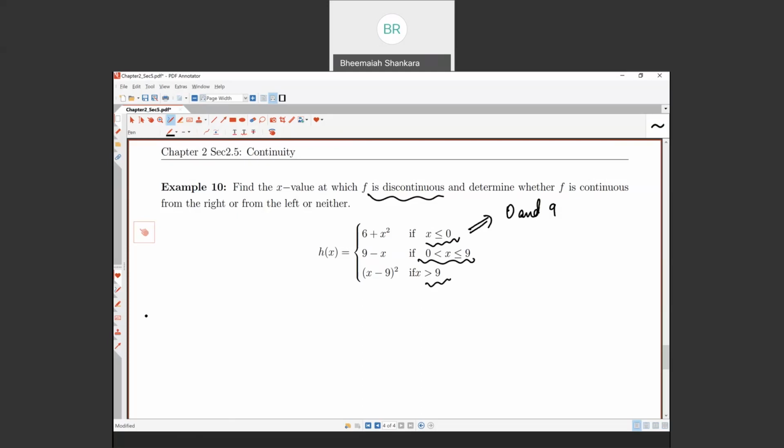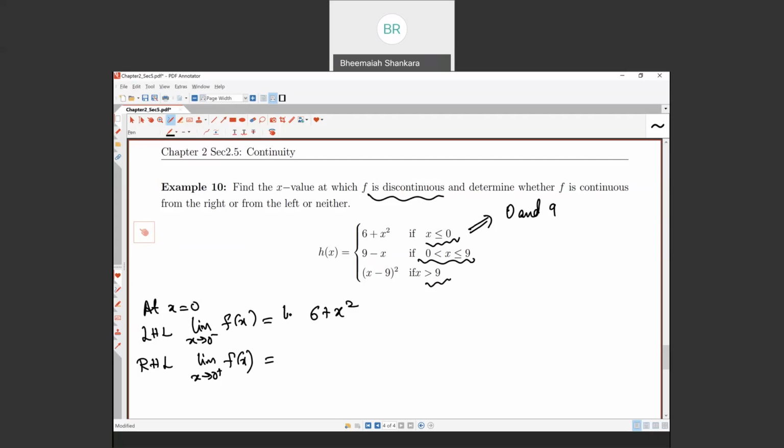You start by saying at x equal to 0, you want to calculate the left hand limit as well as the right hand limit. The definition of left hand limit: x approaching 0 from the left, 0 minus, f of x. The right hand limit: x approaching 0 from the right, 0 plus, f of x. When x is approaching 0 from the left, the function is 6 plus x squared. You read the piecewise function.